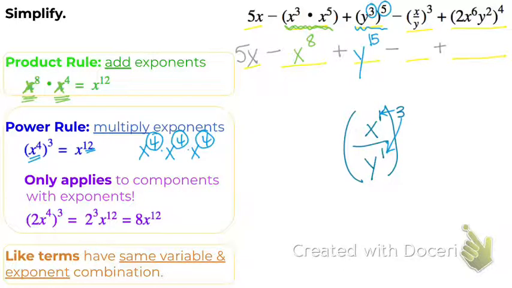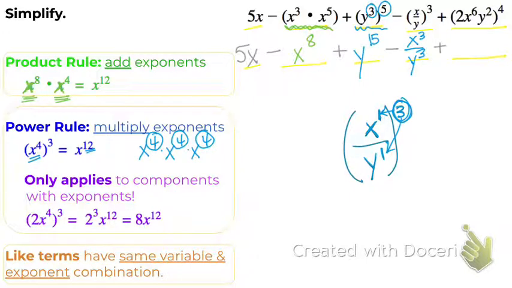So this is saying x to the first to the third power, and also y to the first to the third power. So x to the first to the third power is x to the 1 times 3, which is 3. Y to the first to the third power is y to the 1 times 3, which is 3.